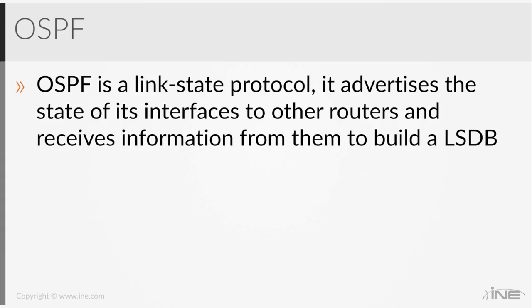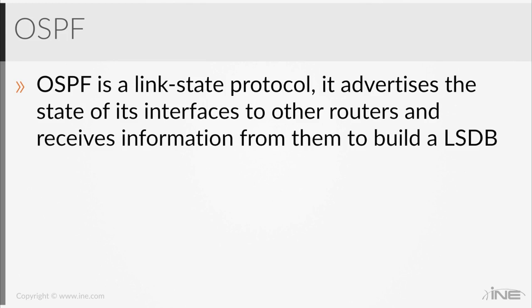So OSPF. Let's talk about it, because OSPF is the routing protocol that we will learn according to the JNCIA Junos curricula, which we're following. OSPF is a link state protocol. It advertises the state of its interfaces to other routers, and it also receives information from them to build a link state database.